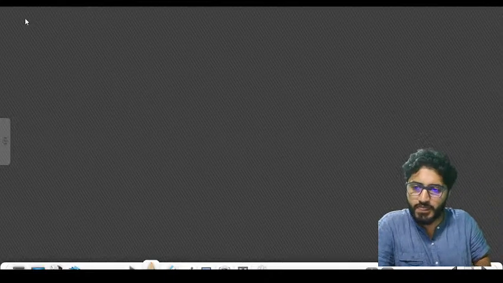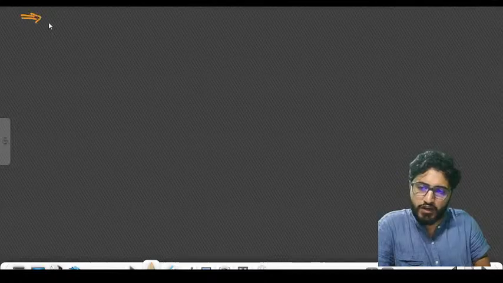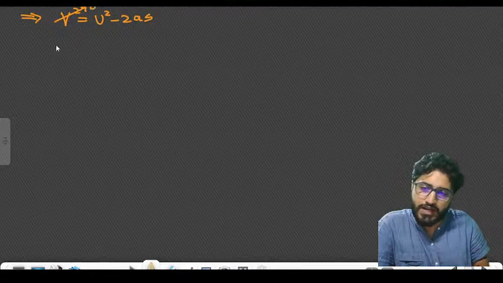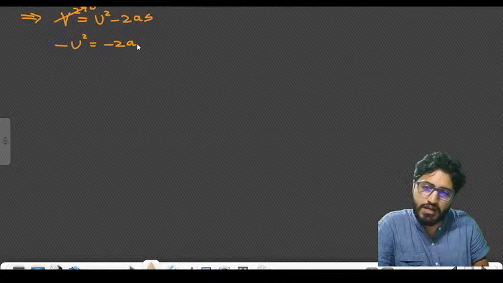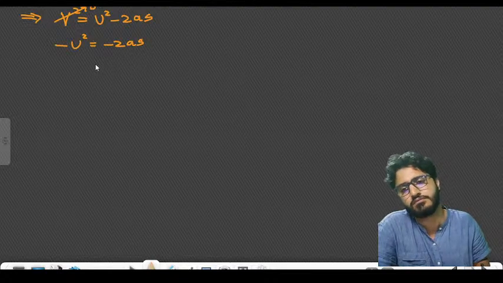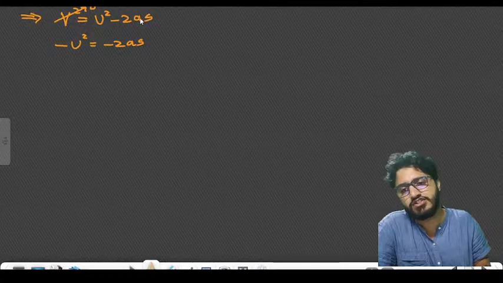One more equation. I guess we know one more equation: v square equals u square minus 2as. v is 0. Then I can write minus u square equals minus 2 times g s. Here it is g.